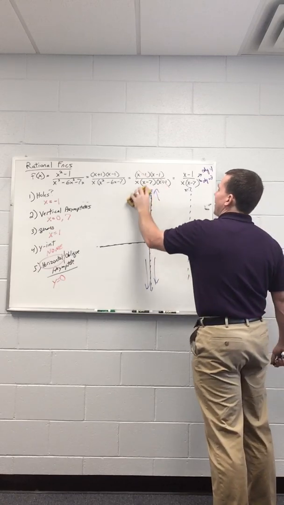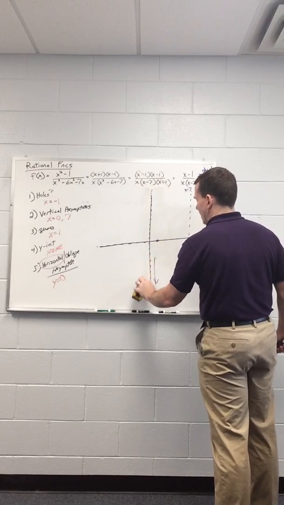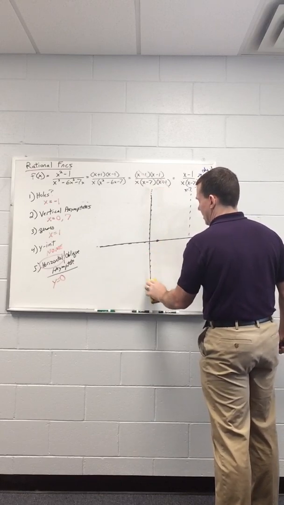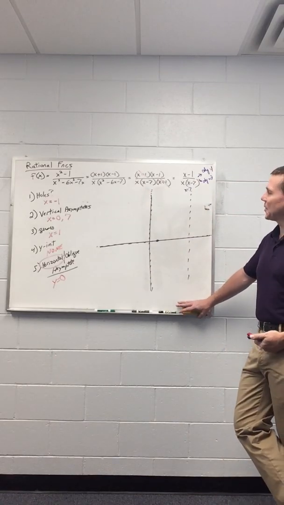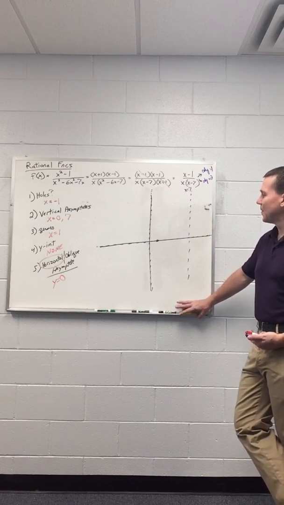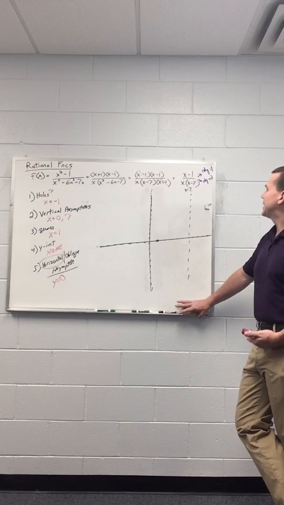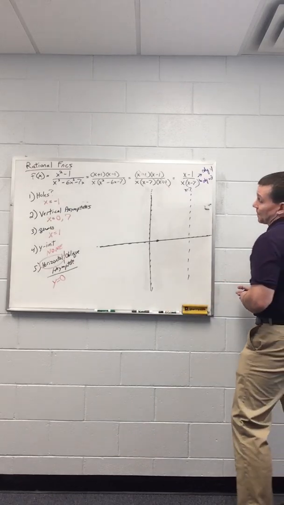I just need to figure out which, and there are some tricks we can do. I can never touch a vertical asymptote, I can only approach infinity. I know some rules for polynomials, and they will apply here. But since I still don't seem to have a lot of information, there's one more trick I can use.